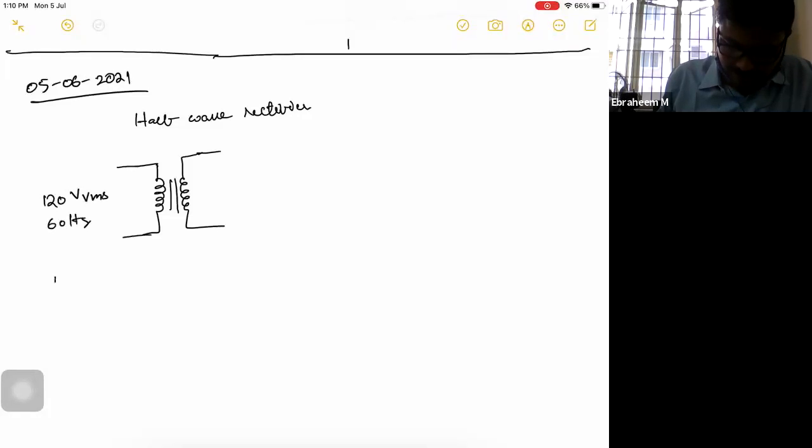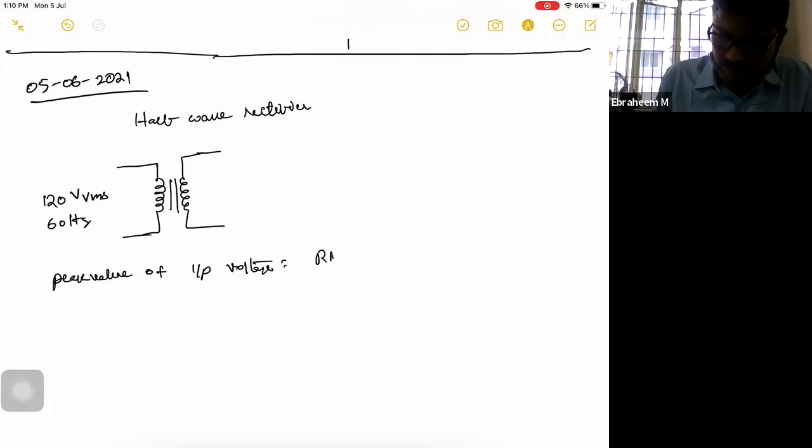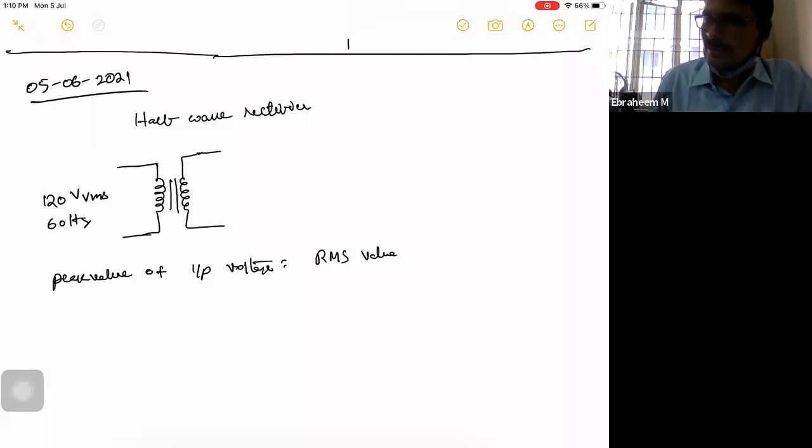So the peak value of input voltage is equal to the RMS value into root 2.